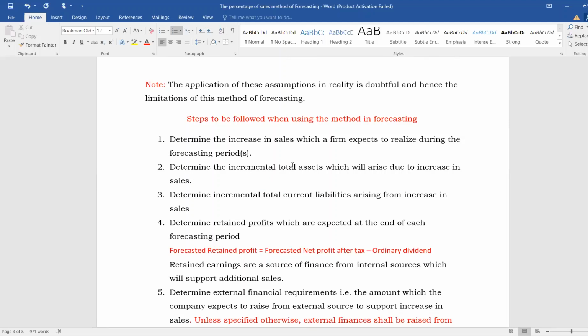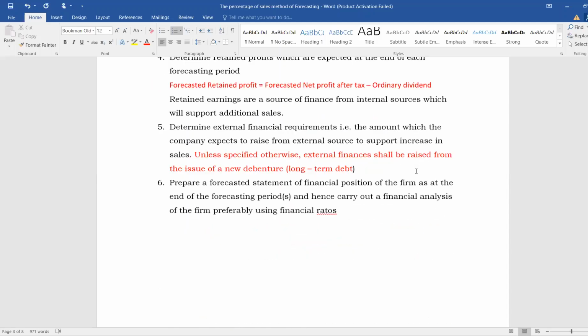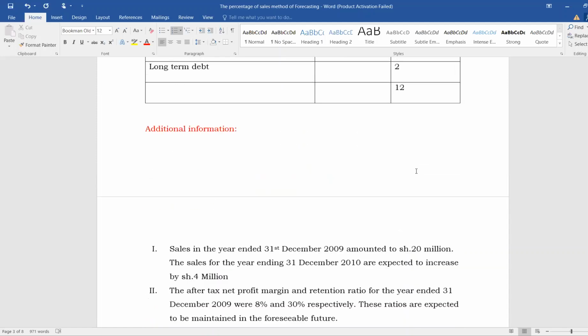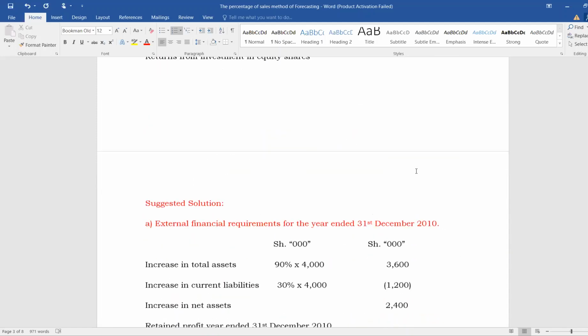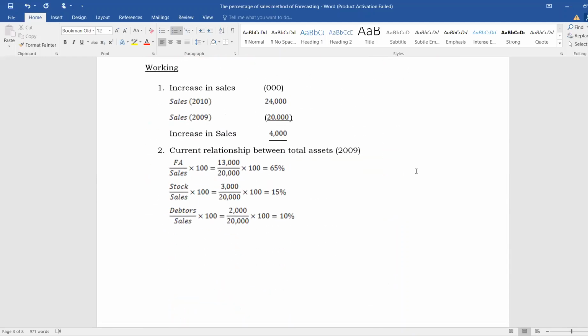Number 2, determine the incremental total assets that will arise due to increase in sales. Now, for us to be able to find the incremental total assets, then we need to express all assets as a percentage of sales. Current relationship.